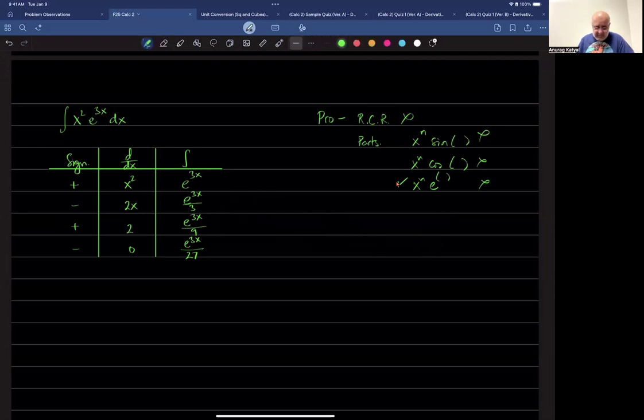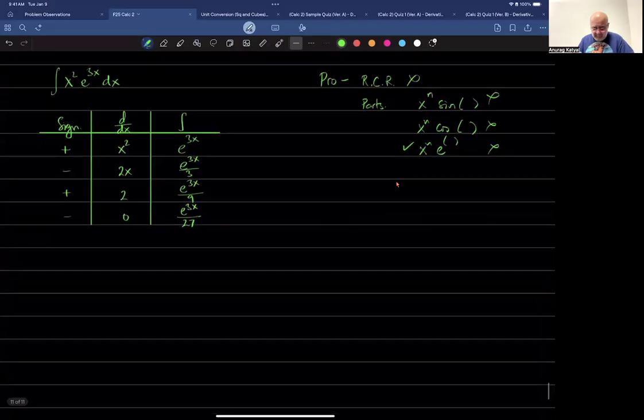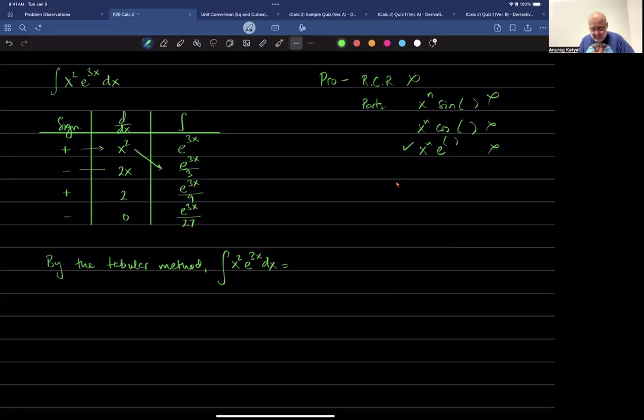Now we can just write down our answer using parts, the tabular method shortcut. So by the tabular method, the integral of x squared e to the 3x with respect to x is, you go side to side, and then you go down, side to side, down, side to side, down.